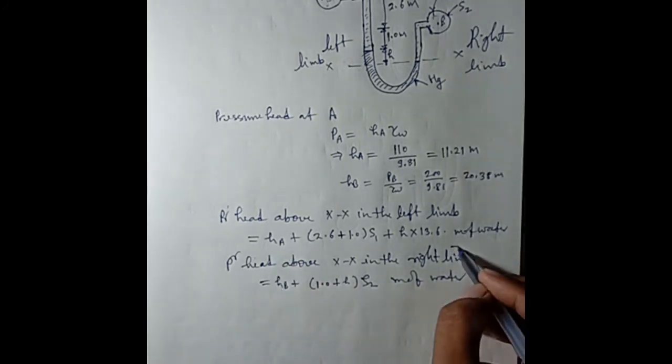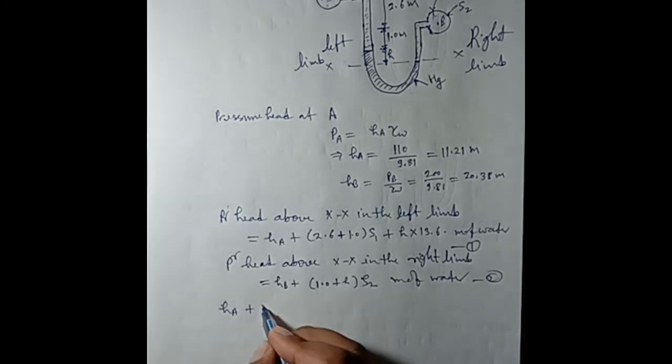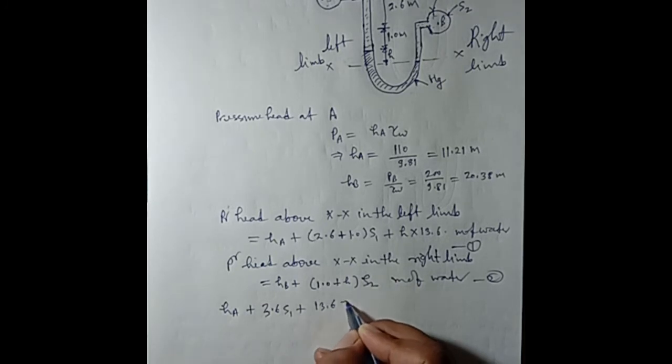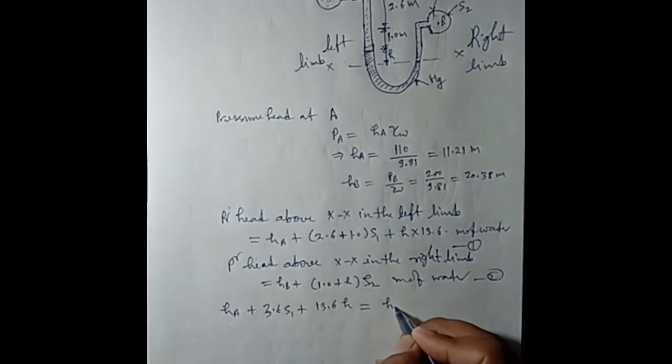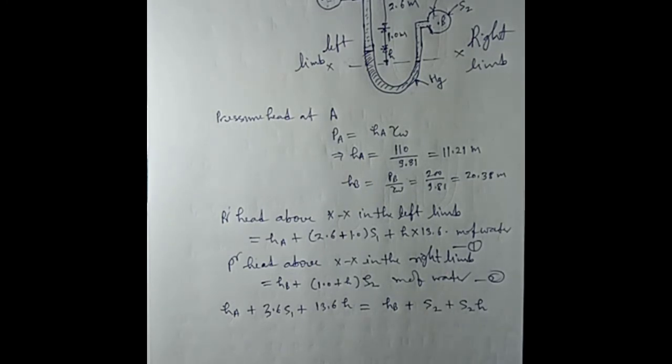Equating the above equation 1 and equation 2, we have HA plus 3.6 S1 plus 13.6 H is equal to HB plus S2 plus S2 H. Okay.